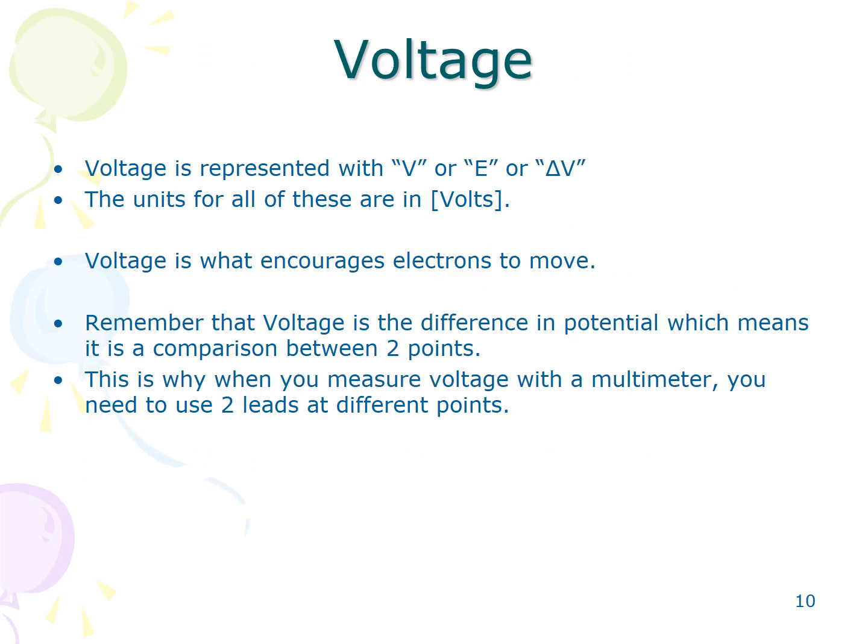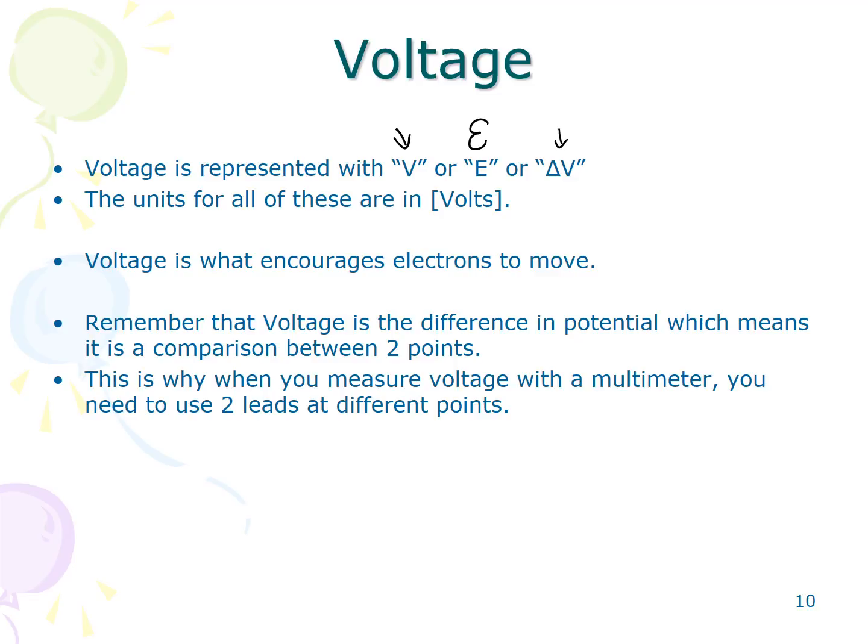As we just talked about, what is voltage? It's represented a couple of different ways. It's represented with V, or this fancy E. It's not a standard E, it's a fancy E. I'm sure it's a Greek letter, but I'm not sure what it is, so I call it fancy E. It can also be represented by delta V, or change in the potential.